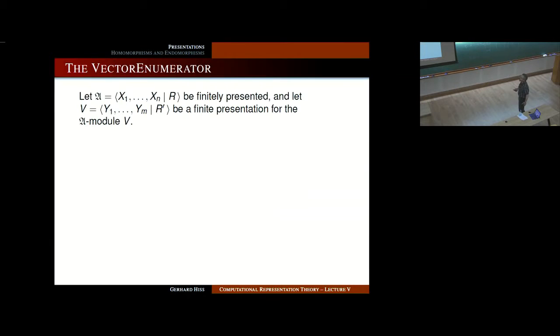Okay, this is clear. So it's always the same story in group theory, in ring theory, in module theory. You construct your object, or you describe your objects by these finite sets, by these presentations.